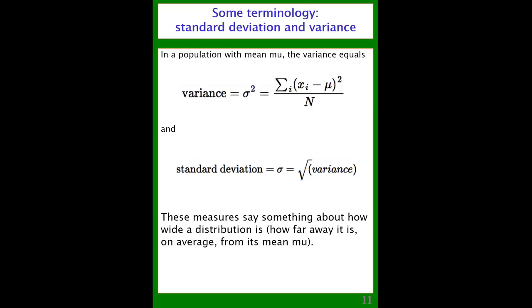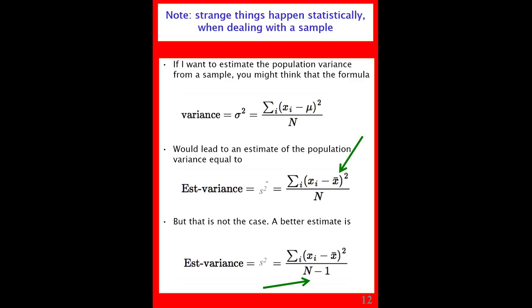Nothing new. Now, for many of the things that we are about to calculate, you need an estimate of that variance. You need an estimate of the width of the actual distribution in the population. But the trouble is, we don't have data from the real population. We only have the sample. And there, where you see the Greek letters for the population, you'll see estimated variances denoted by small s.